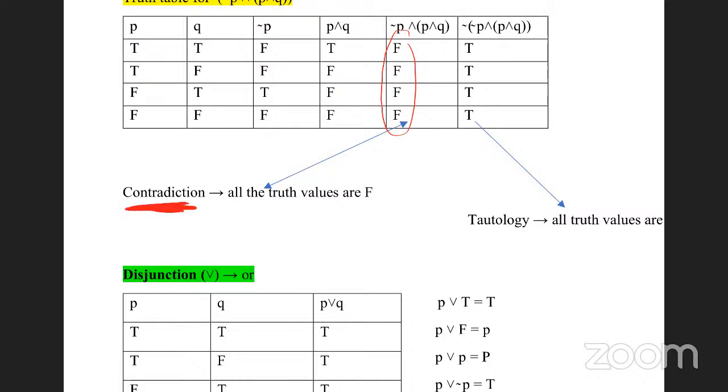If the statements are all true, it's said to be a tautology. All true, tautology. All false, contradiction. If all the truth values are true, then this statement here is a tautology. If all the values are false, then this statement here is a contradiction.